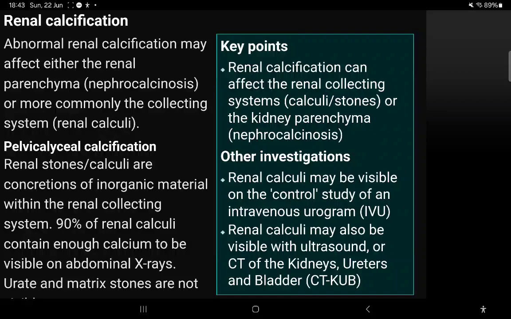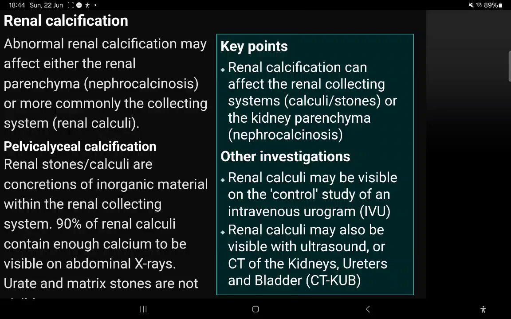Renal calcification. Abnormal renal calcification may affect either the renal parenchyma, then we call it nephrocalcinosis, and nephrocalcinosis has two types according to the anatomical position where this parenchymal calcification is situated.